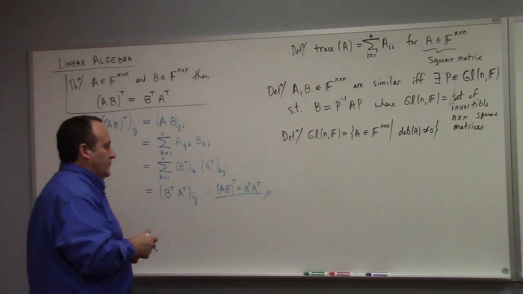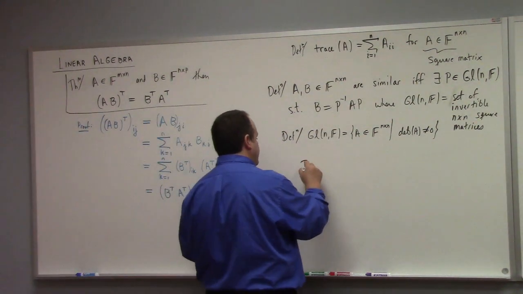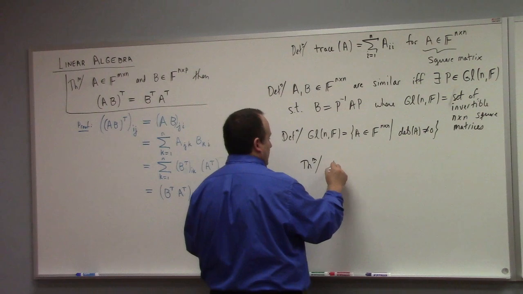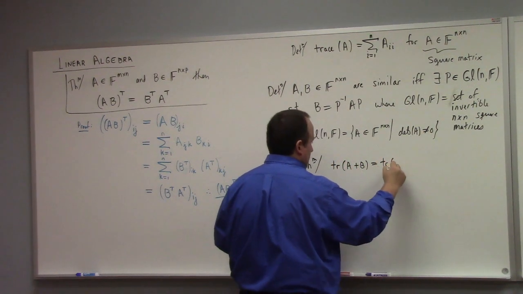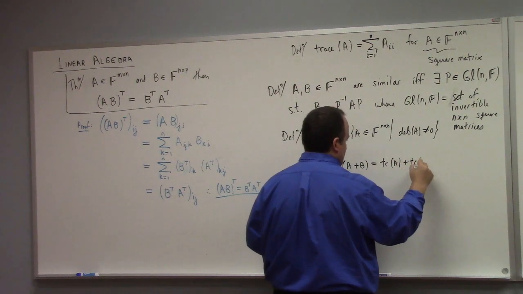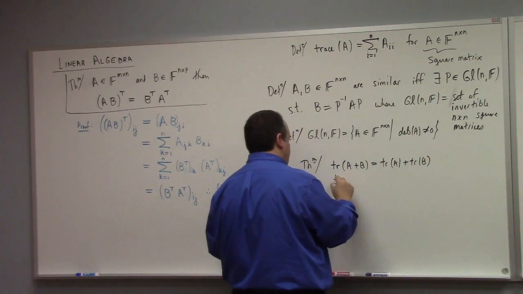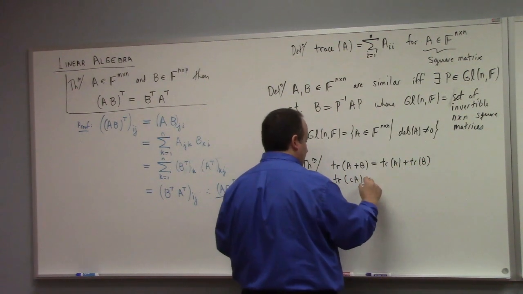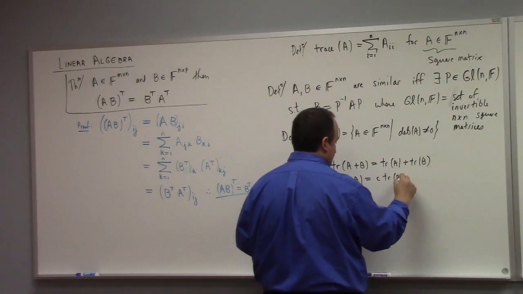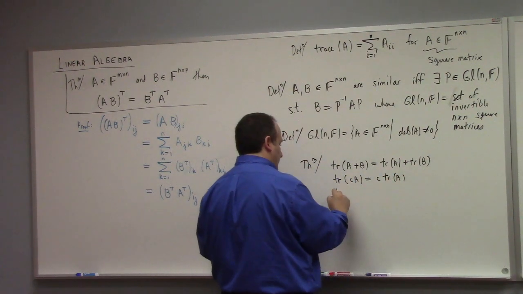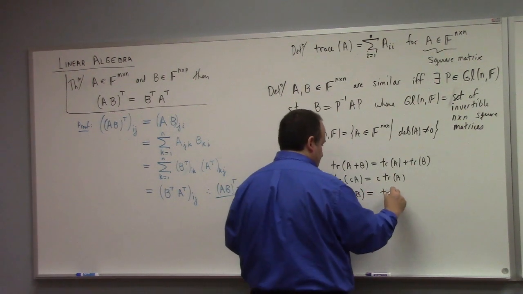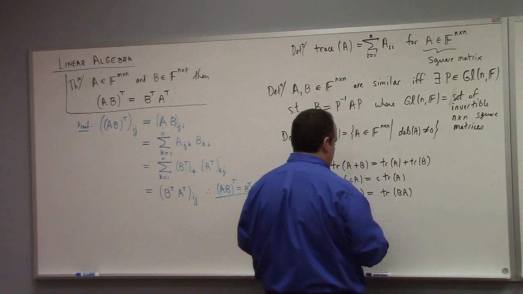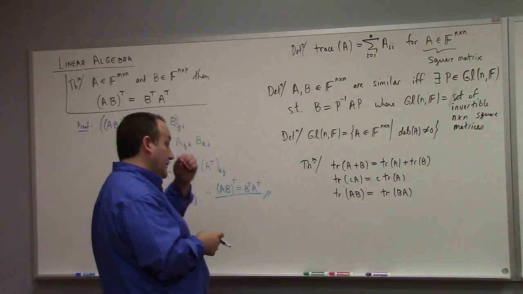so, properties of the trace. The trace of A plus B is trace of A plus trace of B. The trace of C times A is C times the trace of A. And more interestingly, the trace of AB is equal to the trace of BA.